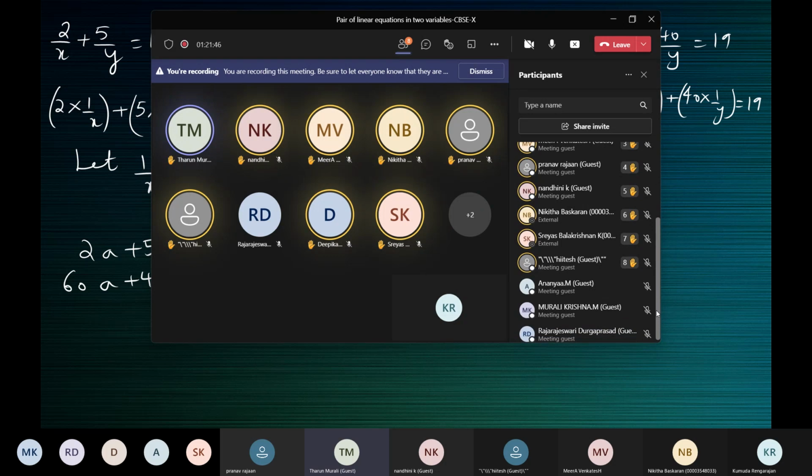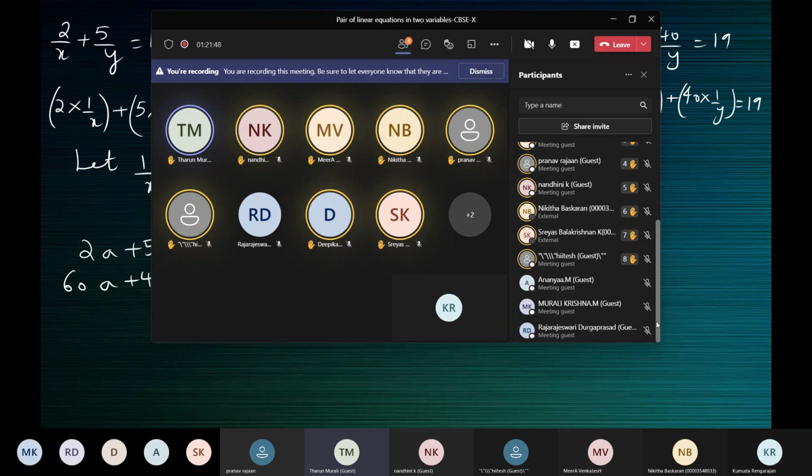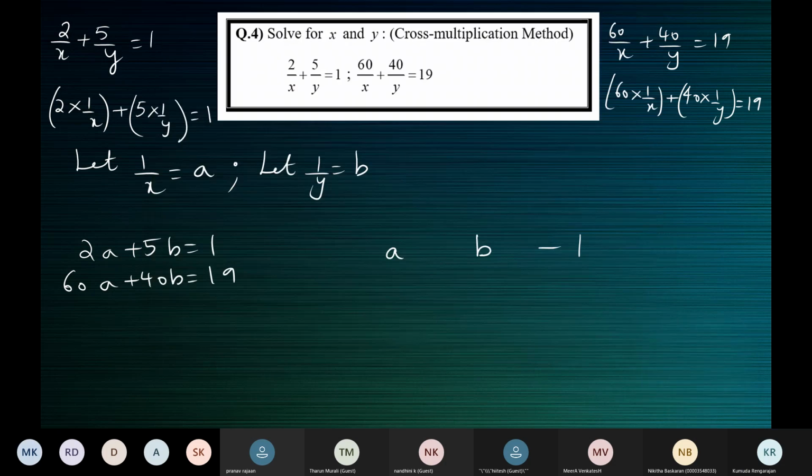Ma'am, I found the answer now. Yeah, Murali Krishna, please answer. Tell me, how do I proceed? I've written the headings a, b, and minus 1.